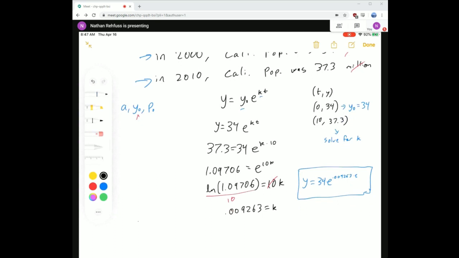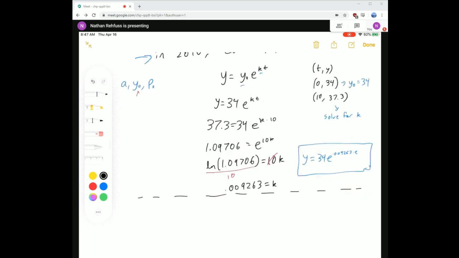The first step of any one of these problems, before you start answering the questions I give you, is to make the model. Once you've made the model, then we can answer questions like, what's the population this year? This is old data. What does it predict we'll have for a population in 2020?